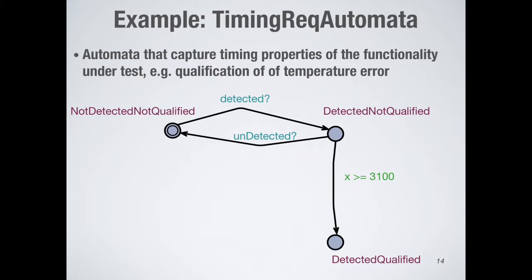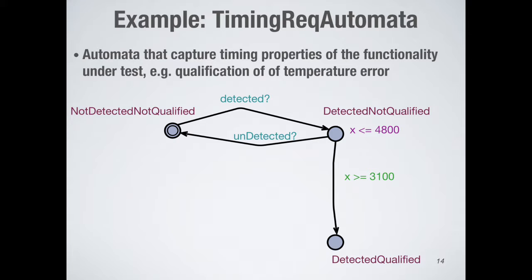The requirements also say that if the error continues being detected for at most 4800 milliseconds, it should be qualified. This means that the error can't stay in the state detected not qualified for more than 4800 milliseconds.